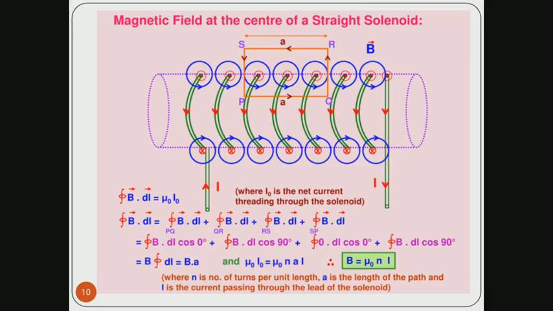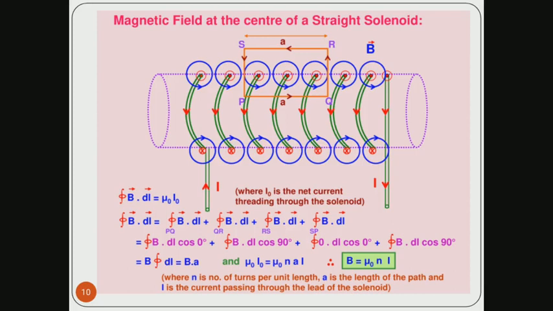Then substituting the terms for the closed loop, as we have noticed in the figure, here it is S, P, Q, R. The integral is from P to Q of B dot dl, plus Q to R of B dot dl, plus R to S of B dot dl, plus S to P of B dot dl, all are vectors.